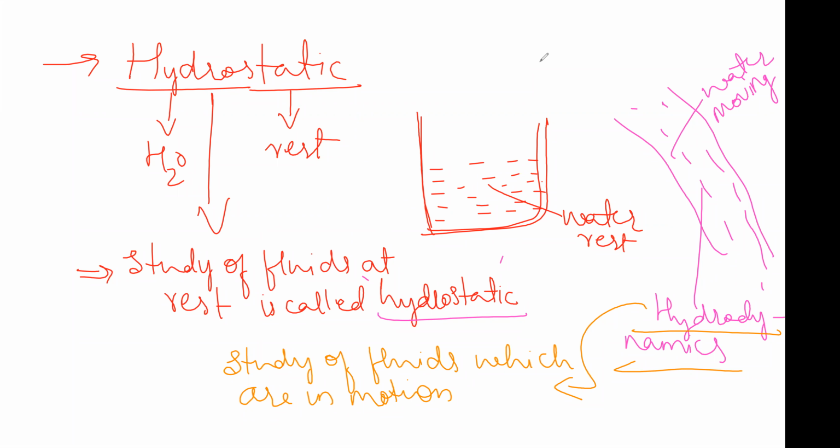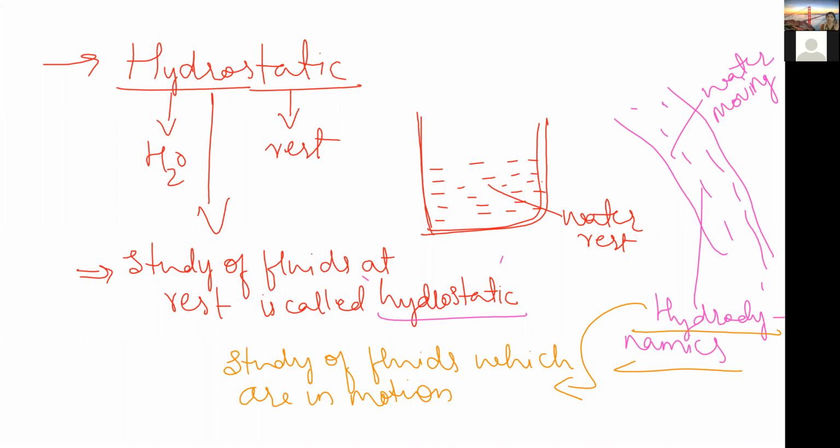But in this chapter, mechanical properties of fluids, we are going to study about liquids only. So mainly in this chapter we are going to study the properties of liquids. Hydrostatics and hydrodynamics are the two terminologies we come across in this chapter.